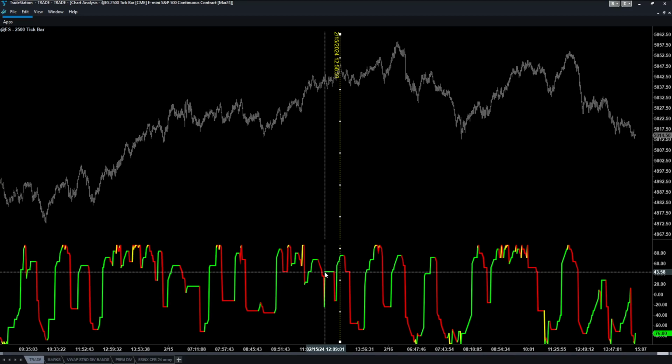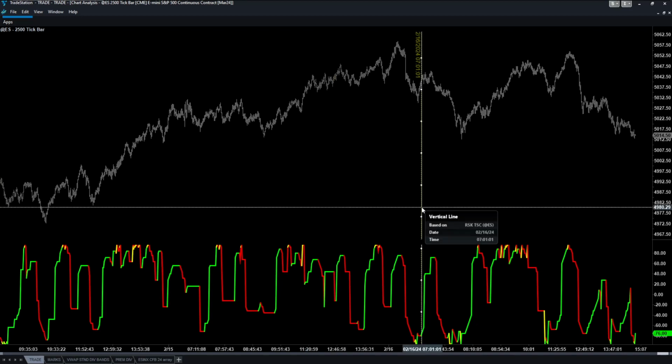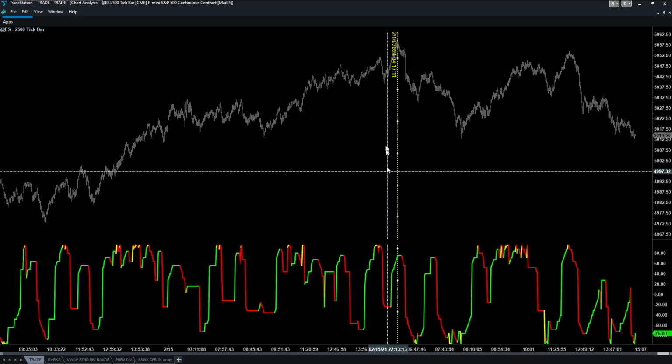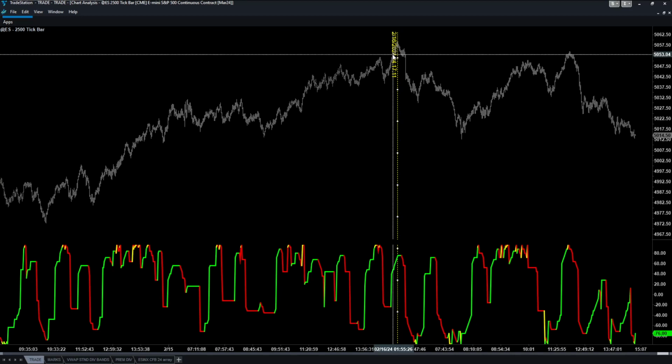Again, over here, it's very obviously divergent right there. Now, there's a problem with the TSC, which is why we have other indicators. But as you see it max out and then go into a lower high and a higher high on the SPOOs, it's a perfect opportunity to take a trade.